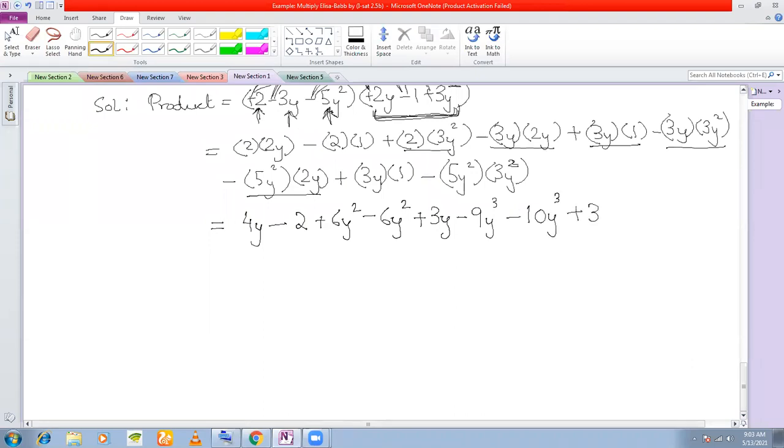Plus 3y into 1 will give you a 3y. And finally, this one you have 5y square into 3y square will give you a 15y to the power of 4.